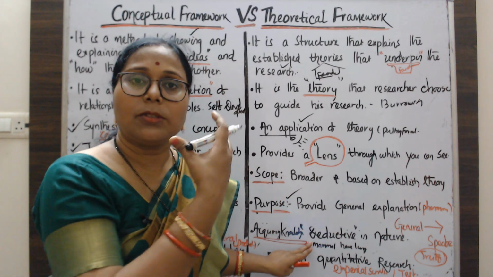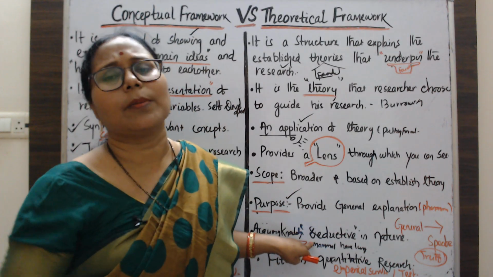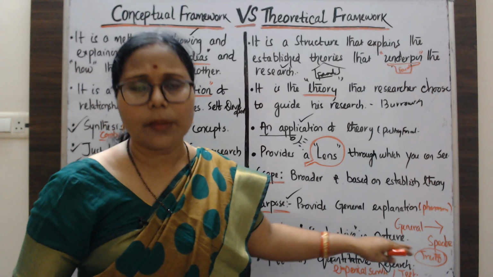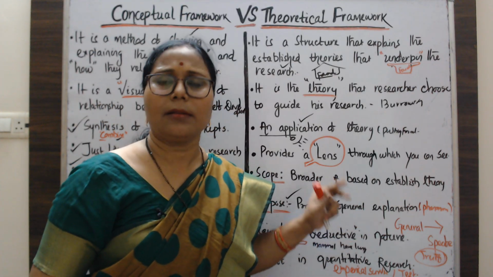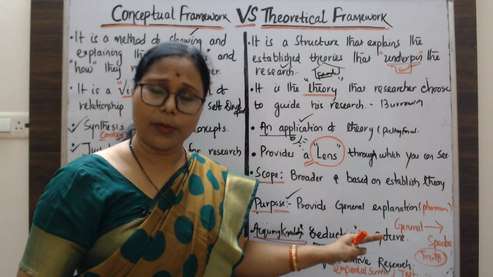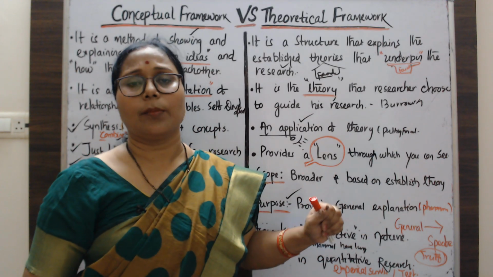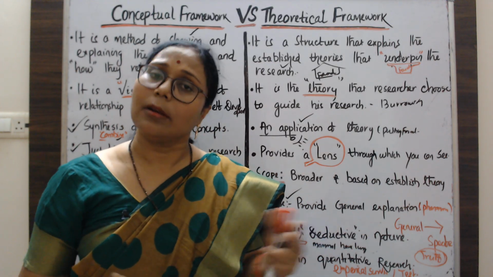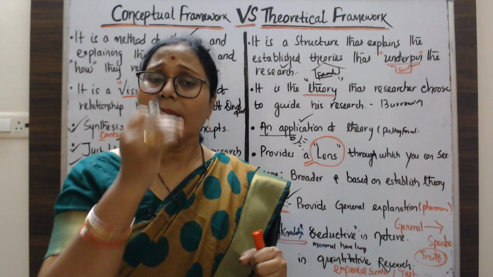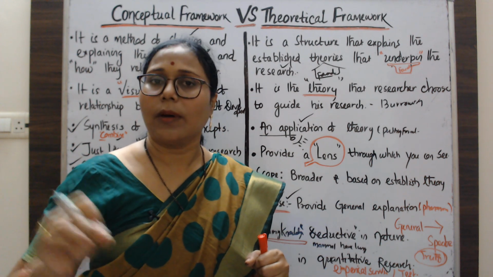Deductive means from a general principle you get a specific idea. The general principle is a theory or principle published by scholars. Suppose you take an example like all mammals have lungs. And horse is one of the mammals.